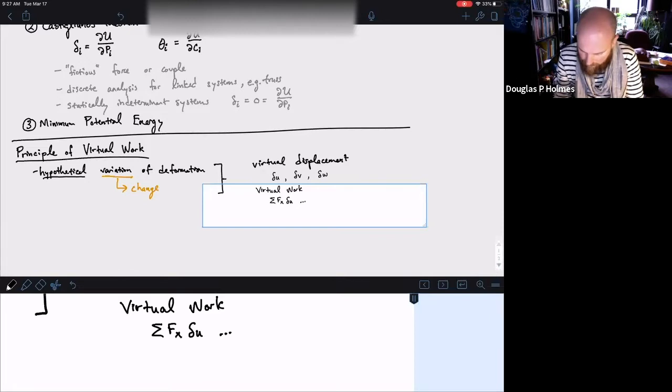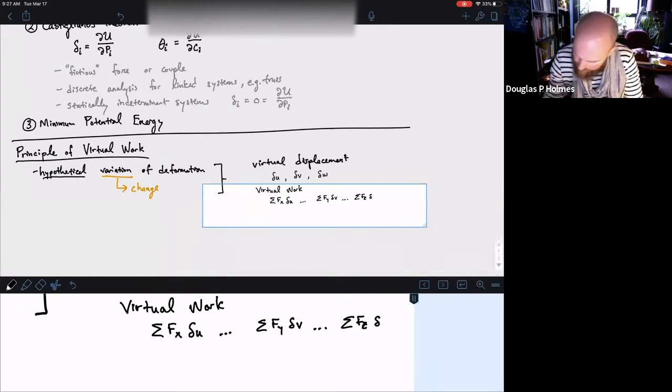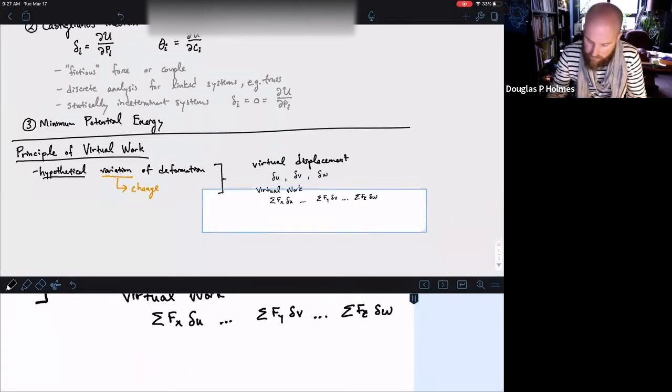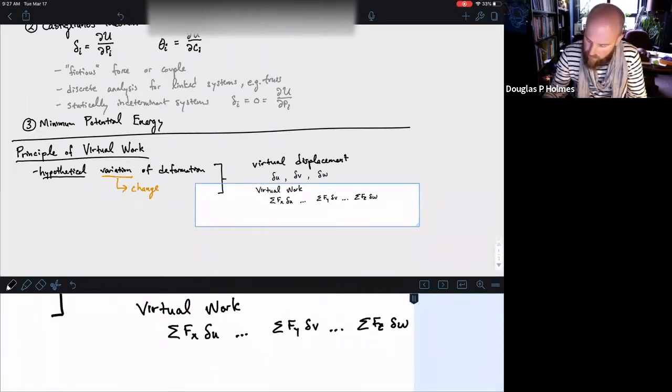And so you could do this for all of them. I would have the sum of the force in the y direction times my virtual displacement in the y direction, and the sum of the forces in the z direction times my virtual displacement in the z direction, which is w. And the principle of virtual work says that if I have a particle in equilibrium, then the virtual work must vanish.